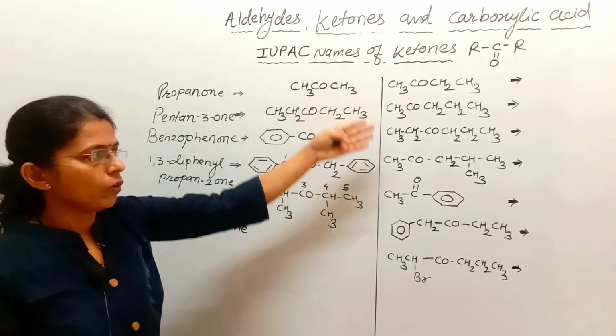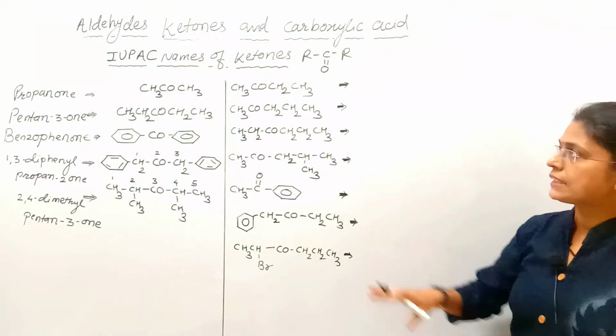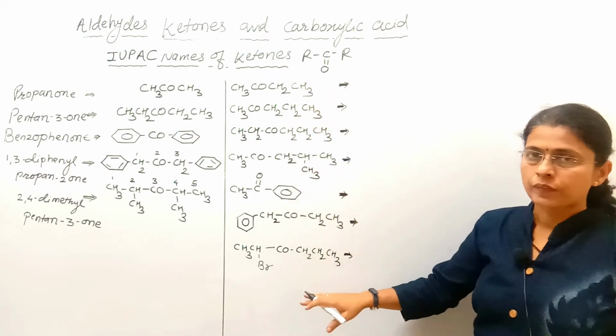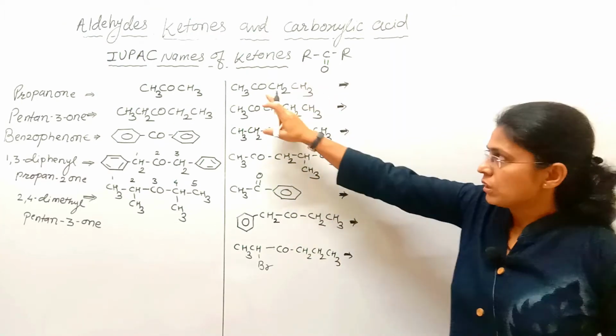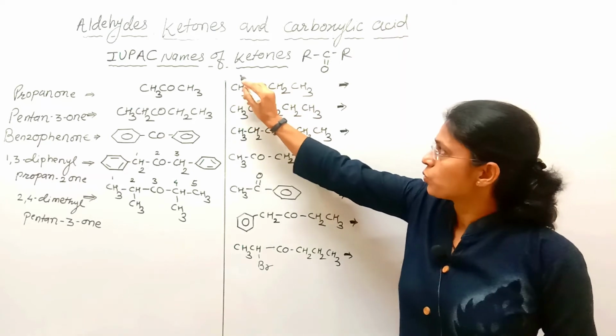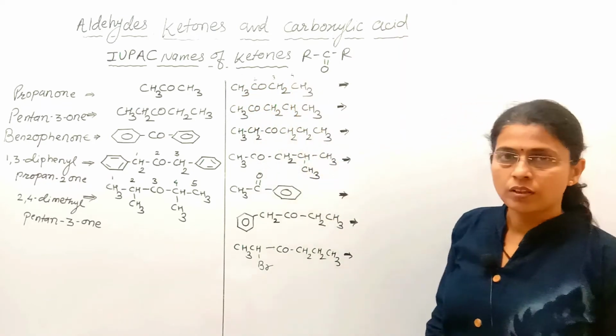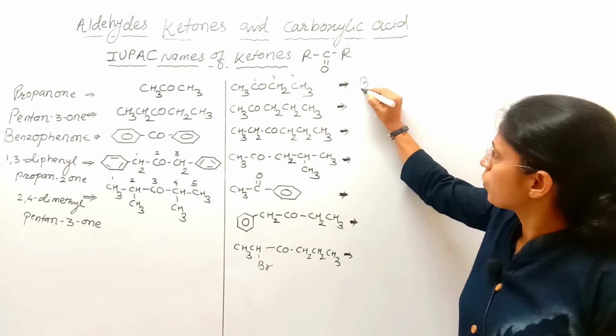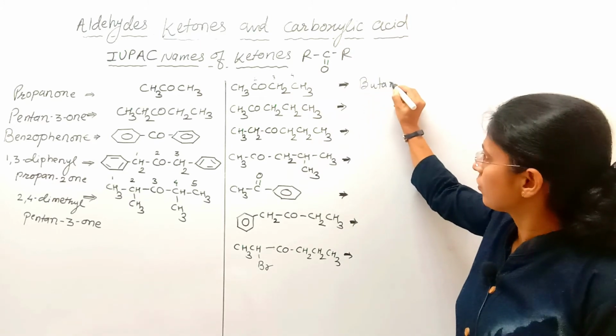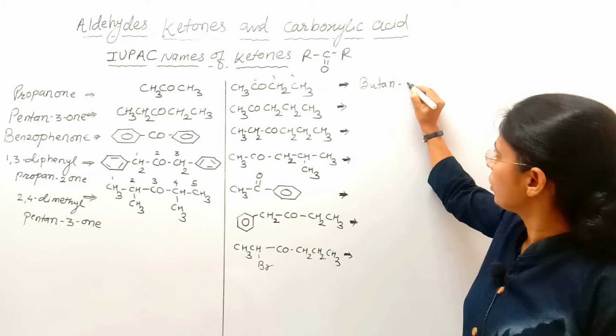Similarly, see all these compounds now. Now let's name these compounds. 4 carbon, CO is close from this end. So 1, 2, 3, 4. Hence the name is butane. E replaced by ONE.